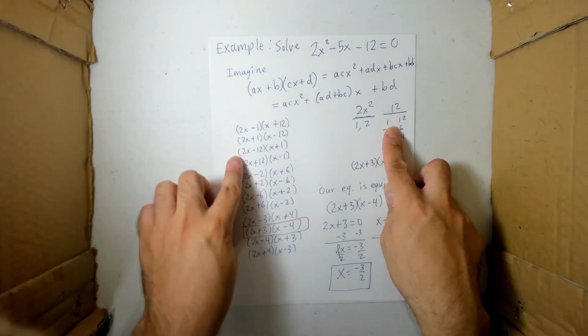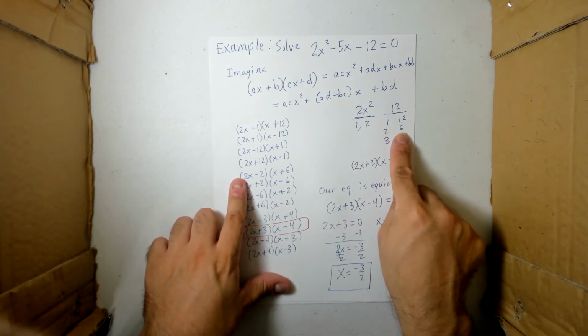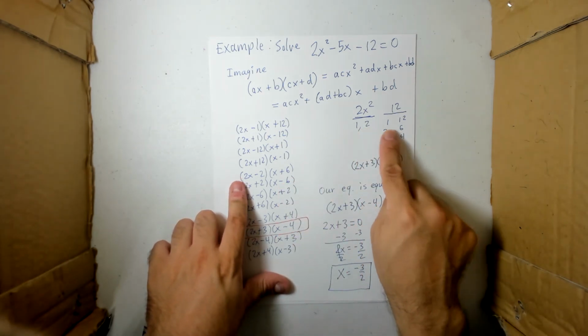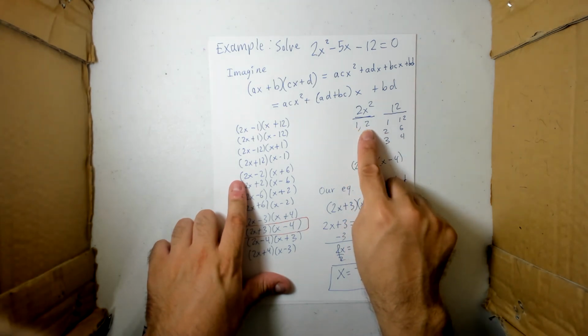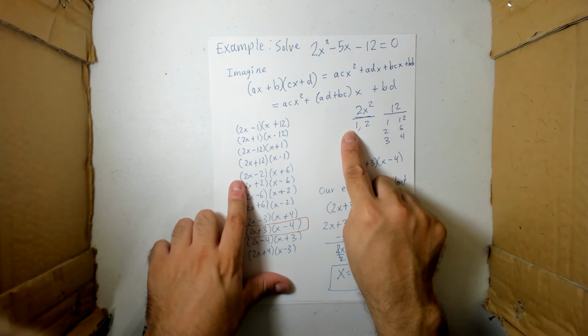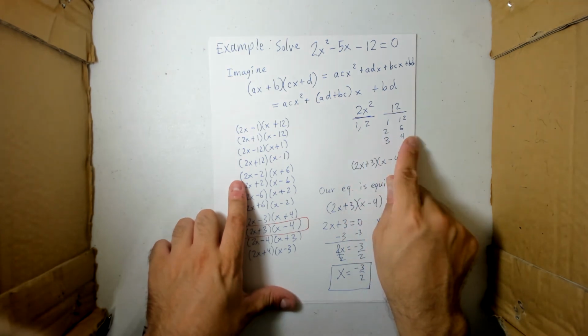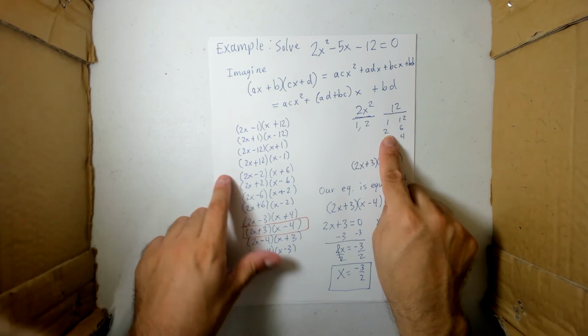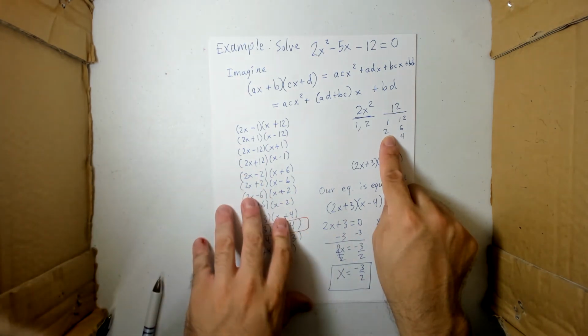So then if I look over here, what I'm doing is I'm going to multiply the 2 times the 6 or the 2 times the 2, and the 1 times the other one. So 2 times 6 is 12, 1 times 2 is 2. So 12 and 2 will be like positive or negative 10, depending on the way the signs are.